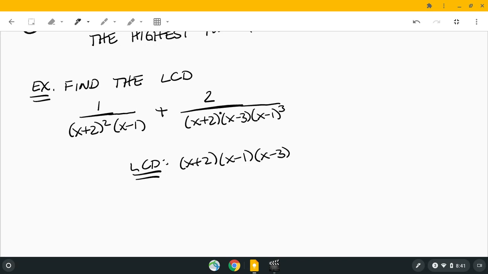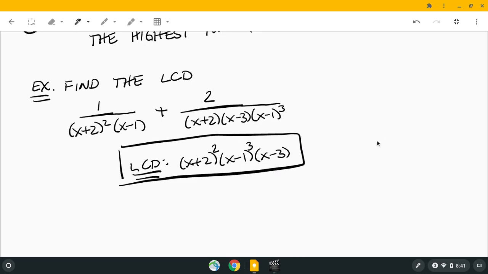Exponent 2 or exponent 1. Okay, 2 is the higher, so you're going to use that. X minus 1 has power 1 and power 3, right? So we're going to take power 3. And then x minus 3 is only power 1. We don't see any others. So this here would be your LCD.